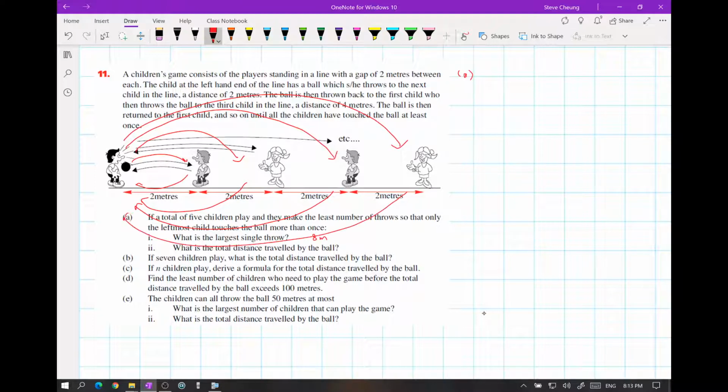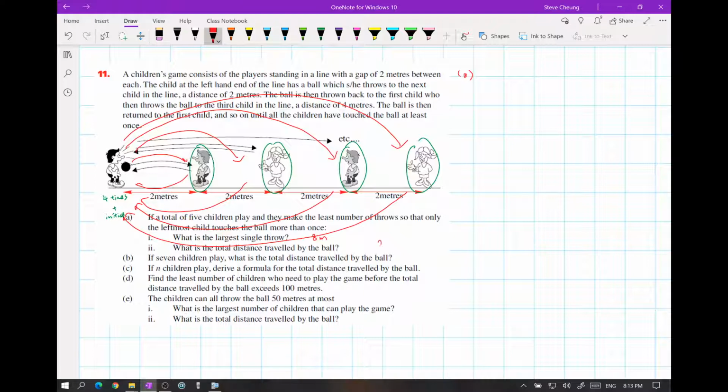Right? So notice that each time, each child only gets to touch the ball once. But this poor guy gets to actually touch it 4 times, plus the initial time. That means he's the only one who is going to be holding on the ball more than once. So they want this total distance.